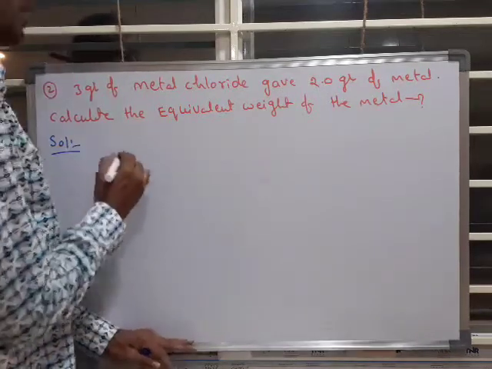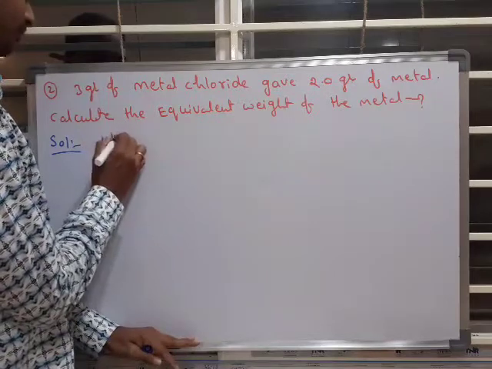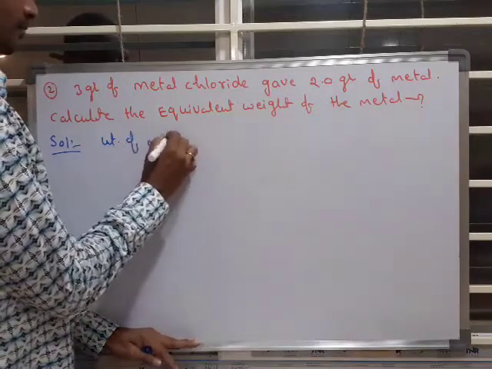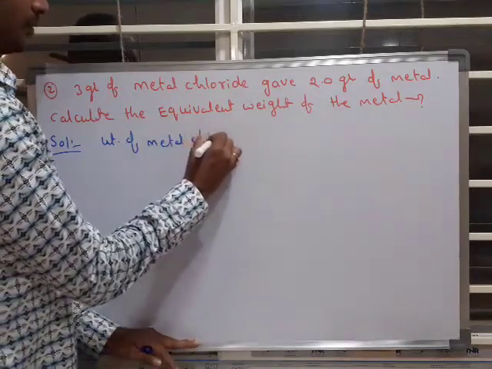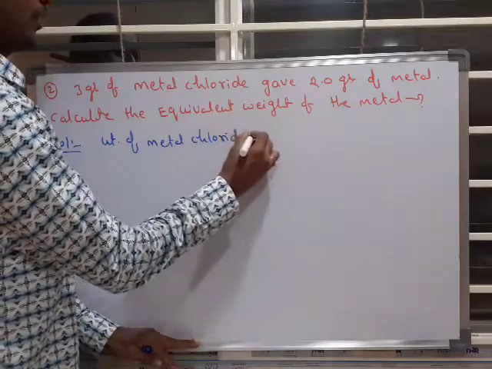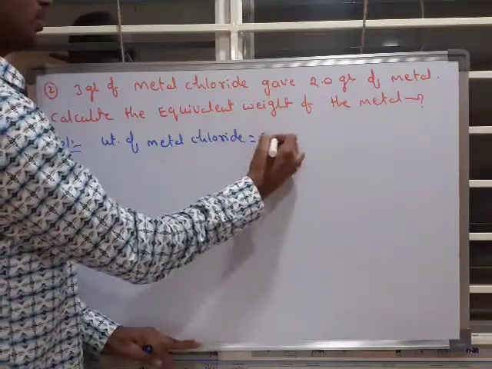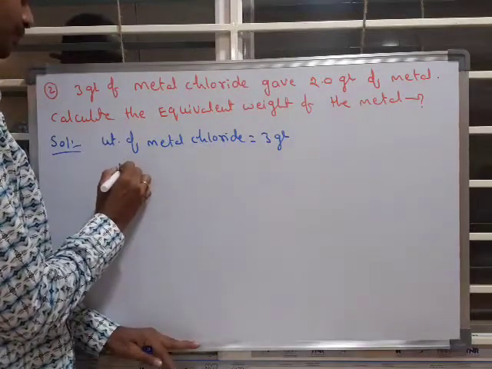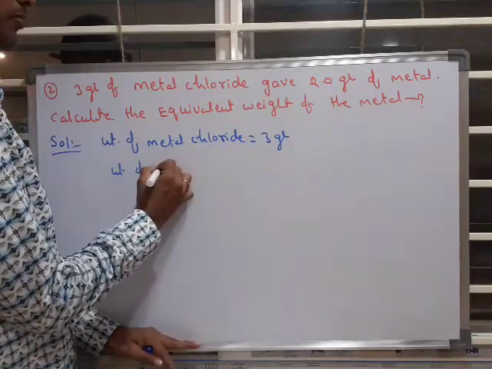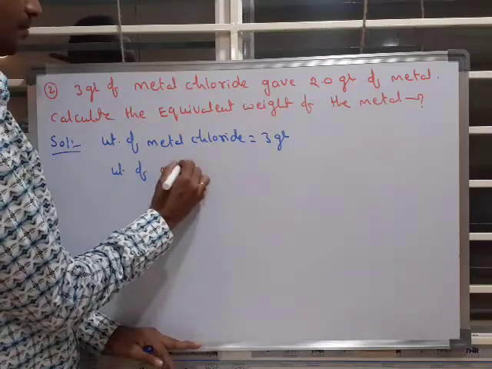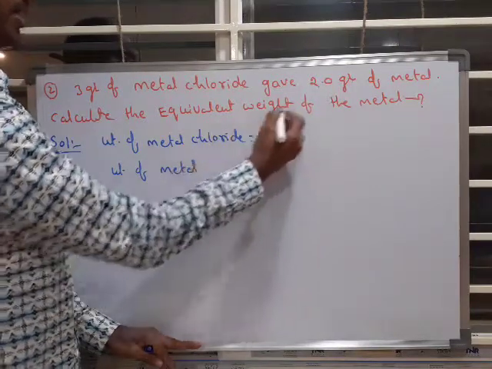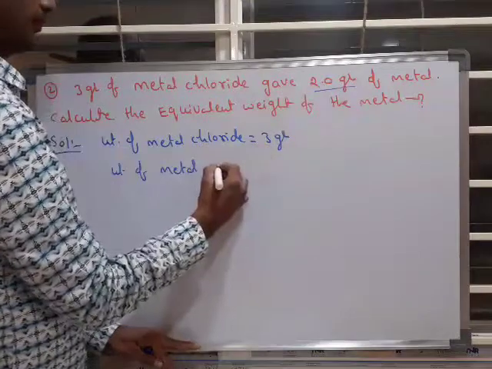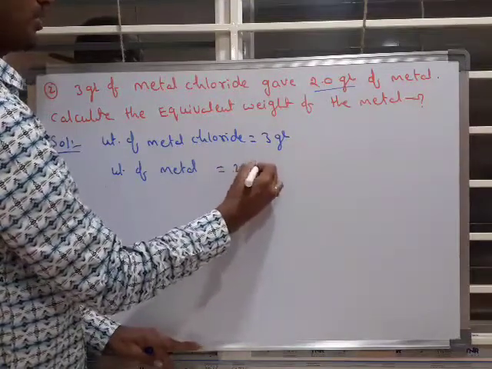So first we write the total weights. Weight of metal chloride is 3 grams. Then what is the weight of metal? It is already given how much metal is formed, so weight of metal is 2 grams.